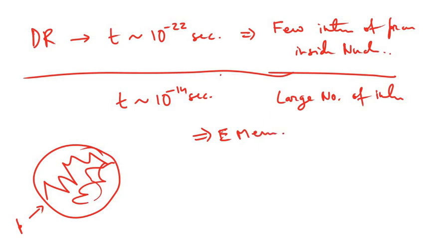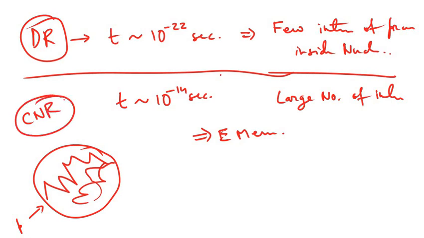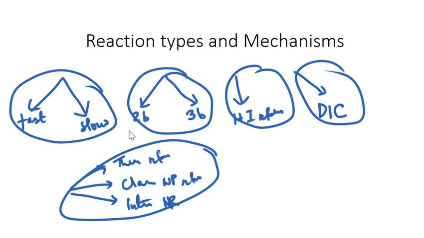Okay, so this was direct reaction and this is basically your compound nuclear reaction. Now, so this classification of direct reaction and compound nuclear reaction, this is the classification in terms of time scale, and this fast is the direct reaction and the slow one is the compound nuclear reaction.